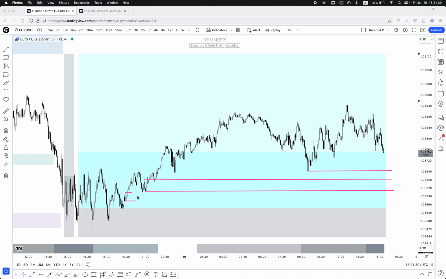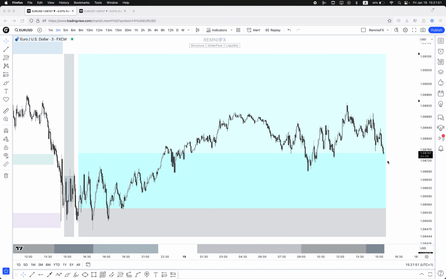This POI is retested by this one, and then I guess this is also a retest, but price did not close below, I mean within. This one is also retested, I guess. So let's just have a look at what price will do from this point on.